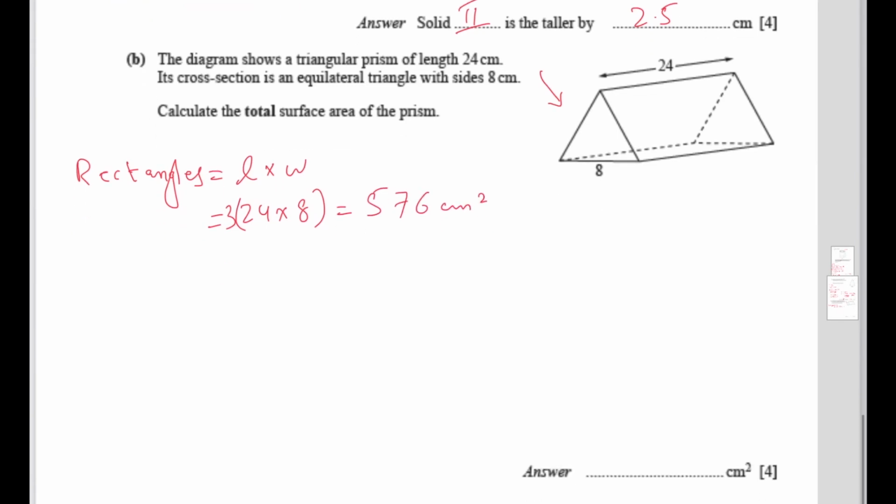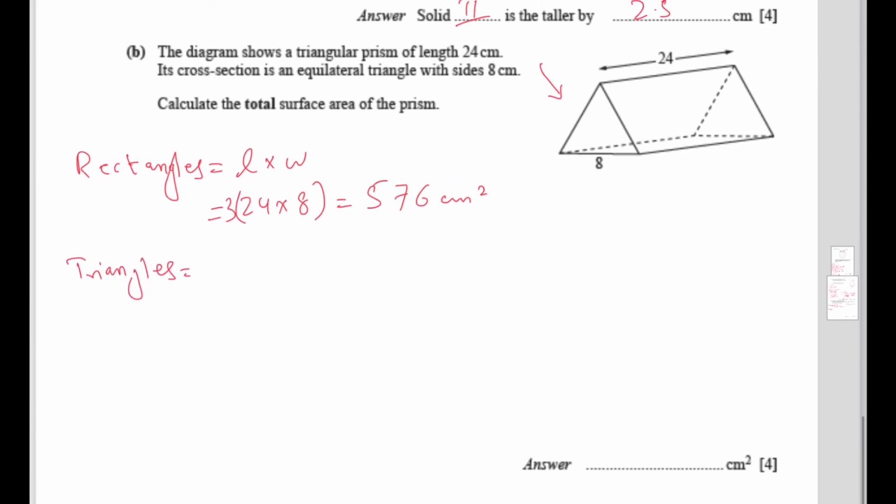Now we have 2 triangles. Since these are equilateral triangles, this side is 8, this is 8 as well, but we don't know the height in the middle. So you use 4 over here and 8 over here, and call this h, and use the Pythagoras theorem to find h first. 8 squared equals 4 squared plus h squared.